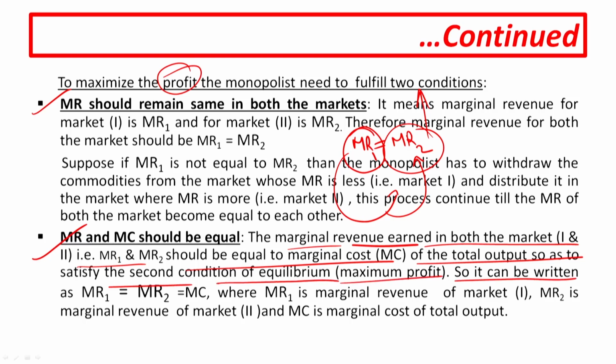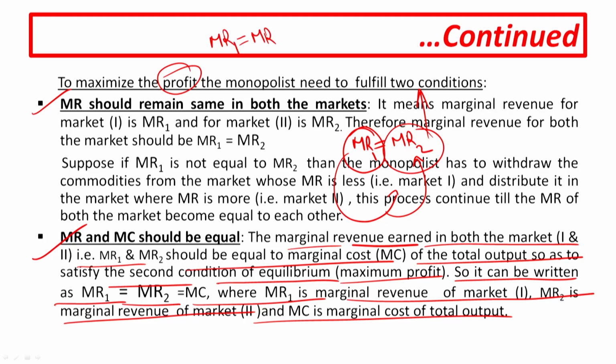So, it can be written as MR1 = MR2 = MC, where MR1 is marginal revenue of market 1, MR2 is marginal revenue of market 2, and MC is the marginal cost of the total output. That means in the second condition, the marginal revenue of market 1 must be equal to the marginal revenue of market 2, and must be equal to the marginal cost.